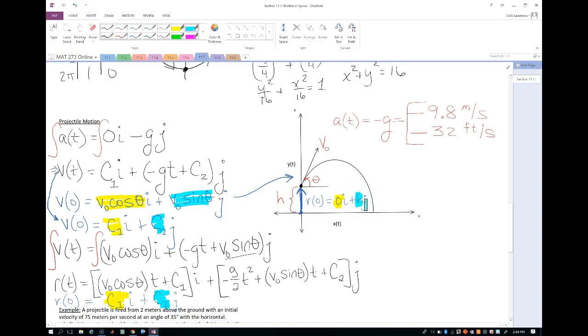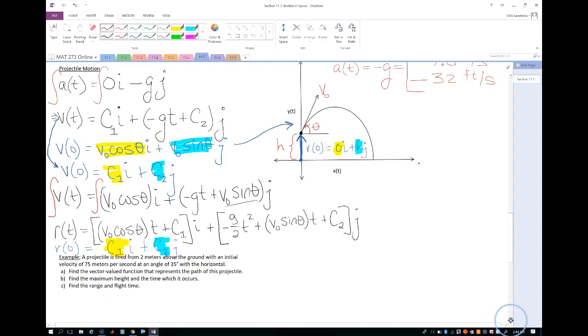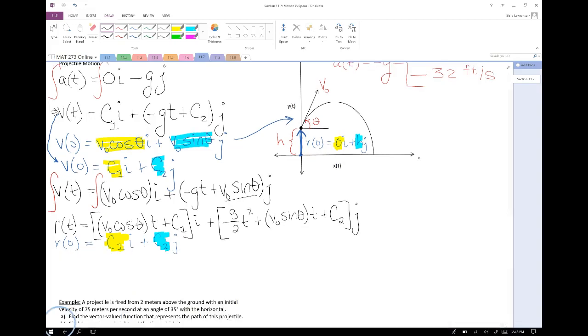And this leads us to a nice formula that we can use for projectile motion if we know what units we're using and our initial velocity, the angle, and our initial height. So I'm going to go back to my antiderivative and replace the C1 and the C2 values. And this will give us a nice formula that we can use for position of a projectile.